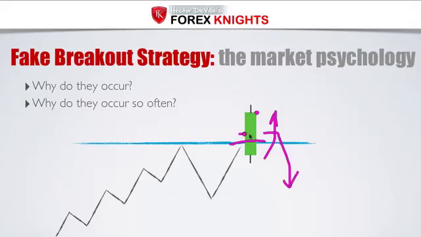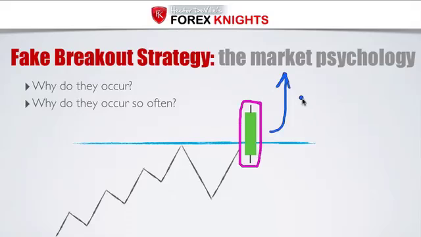It means that the greed in this market is too strong and it's just pushing forward. So if you see this type of breakout candle, chances are that you are going to see a continuation swing in the very near future.